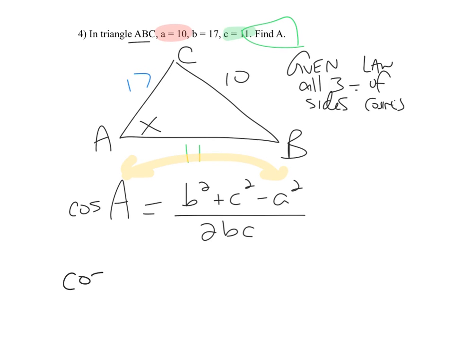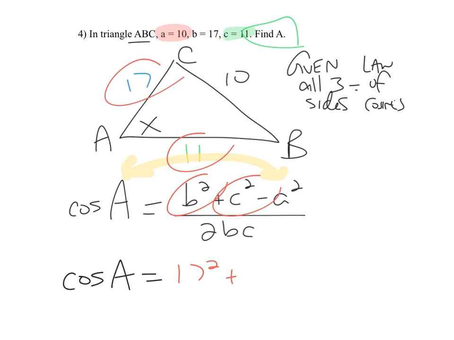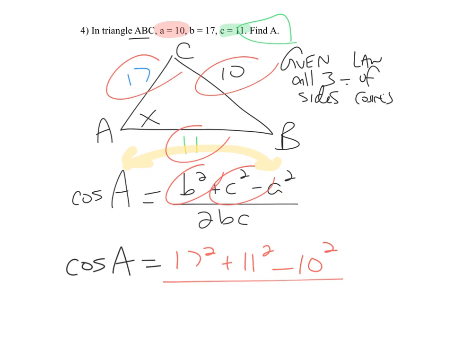So now I'm going to plug in. I have the cosine of angle A equals b squared, so that's 17 squared, plus c squared, that's 11 squared, minus a squared, so that's minus 10 squared, over 2bc, 2 times 17 times 11.